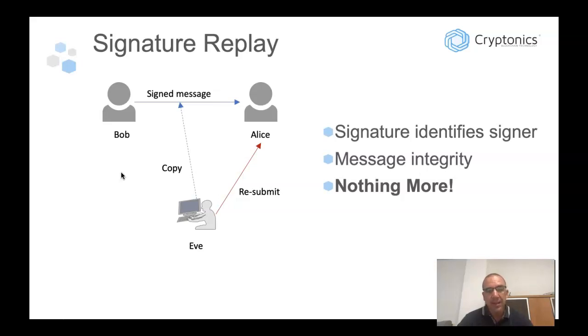It's very basic. Very important properties, message integrity and the identity of the message origin, but it does nothing more. And that's very important to realize. And funny enough, a lot of people don't seem to realize this. I suspect it's to do with a lot of blockchain projects not being written by cryptographers.